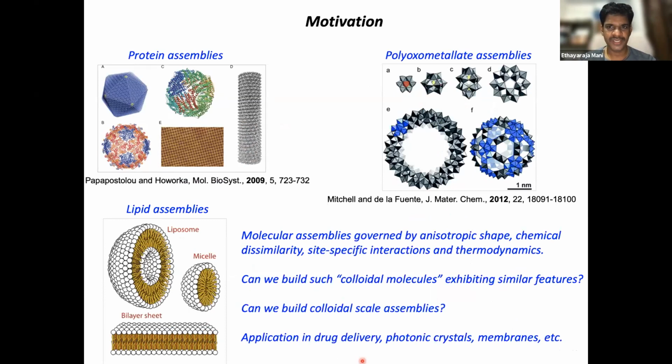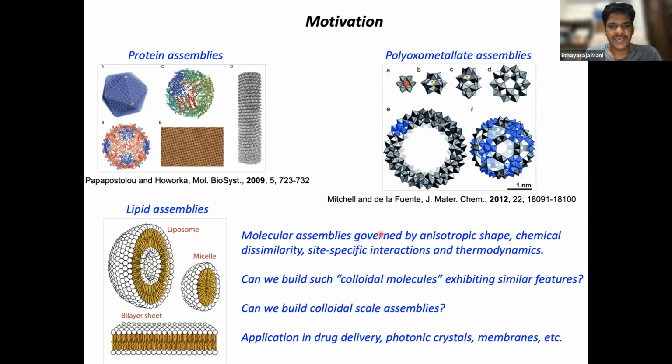Pretty much our research is driven by the following. We recognize that when you look at molecular assemblies like surfactants and proteins or polyoxometalate assemblies, these are driven by shape anisotropy, chemical dissimilarity, multi-component systems, and the interactions are site specific. And of course, thermodynamics drives these systems to equilibrium.